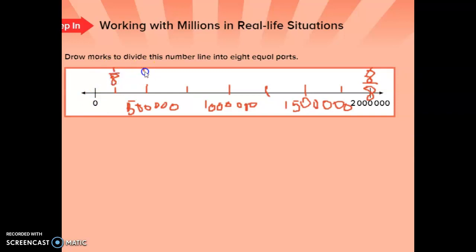Our next one is going to be 2/8. And so on. Can you please write all of those fractions into your book? So just for each jump, 1/8, 2/8, 3/8, 4/8, 5/8, 6/8, 7/8, and 8/8. Please write all those fractions in.